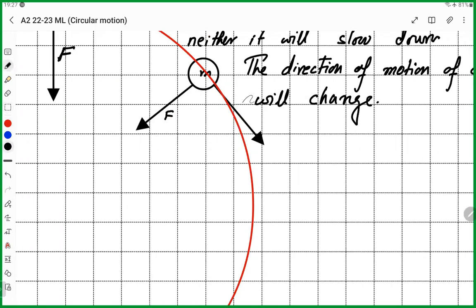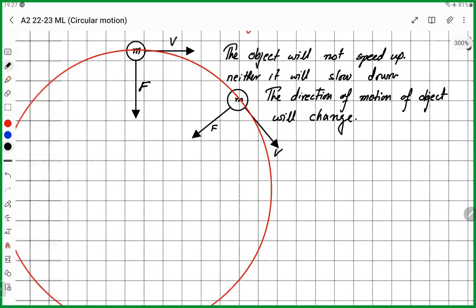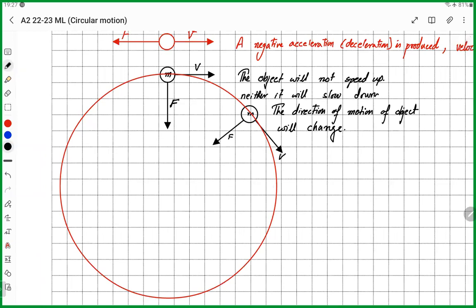So we can observe something like this. The velocity is now this way, and the object is moving in a circular path. After some time, the object might get here, force will be acting this way, and velocity will be this way.